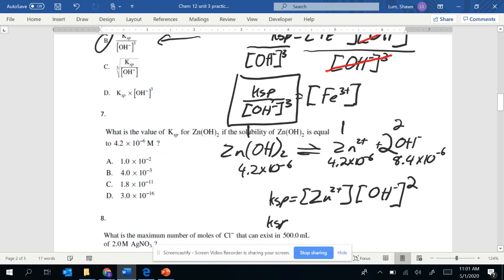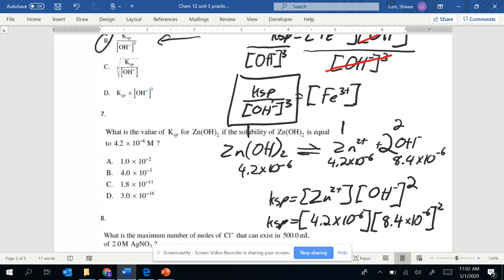So Ksp is going to equal the concentration of zinc, which happens to be 4.2 times 10 to the minus 6, times 8.4 times 10 to the minus 6, squared.